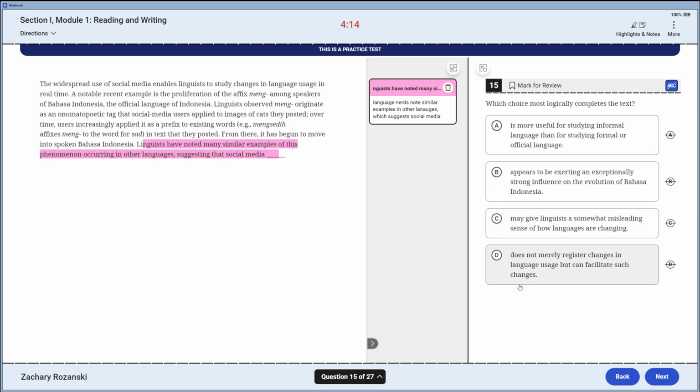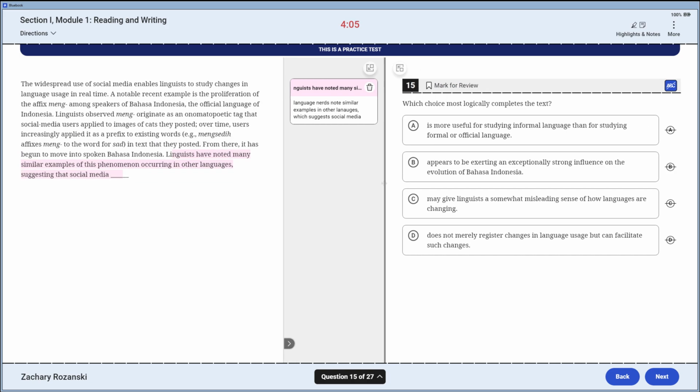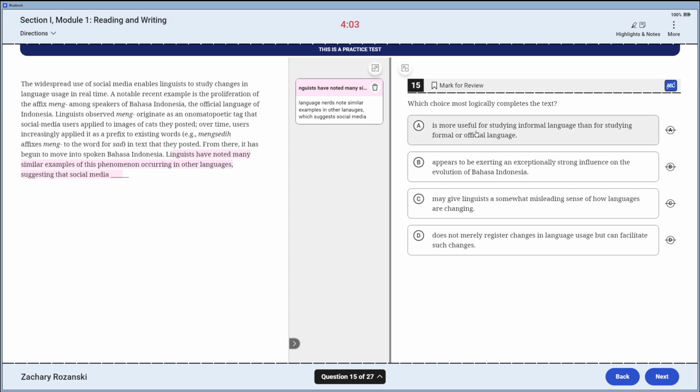So language nerds note this happens in other languages, right? I don't really know what happens, but let's try to figure it out. Is more useful for studying informal language. That's something that we could say appears to be exerting an exceptionally strong influence on the evolution of this language.